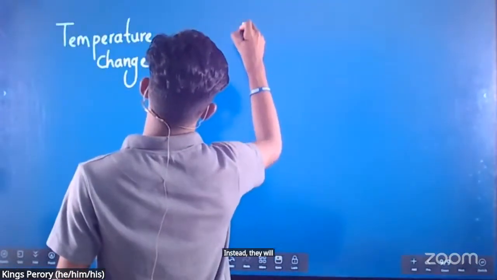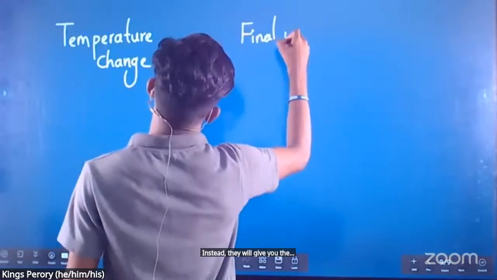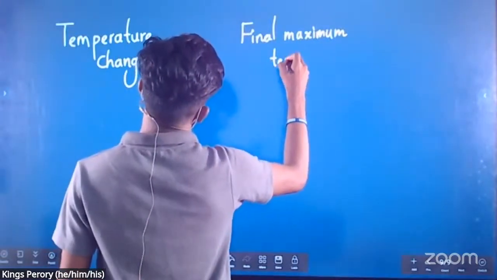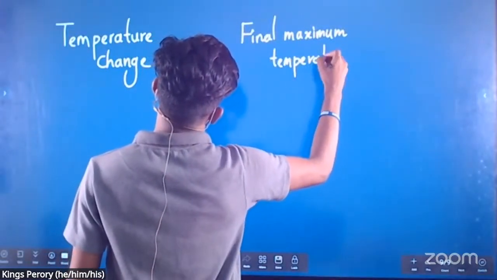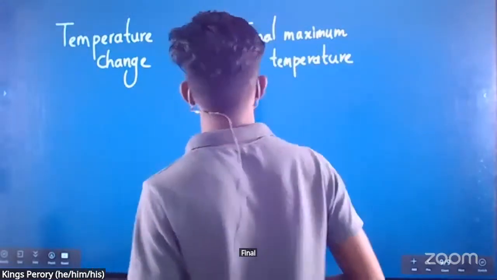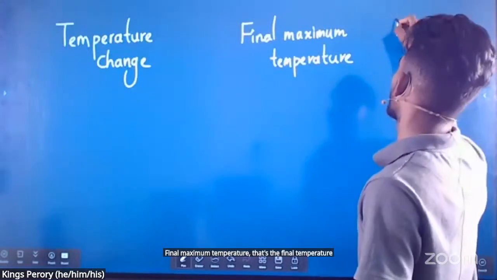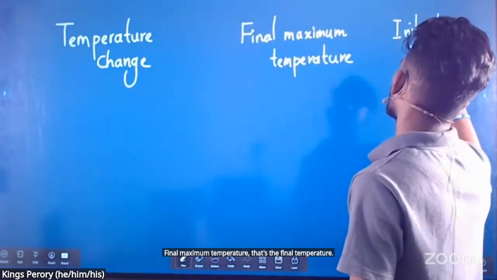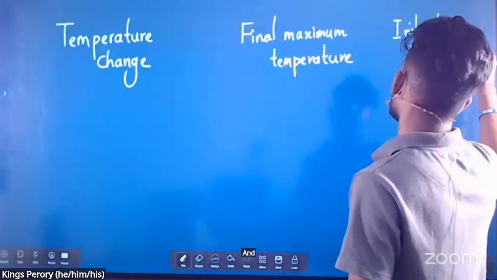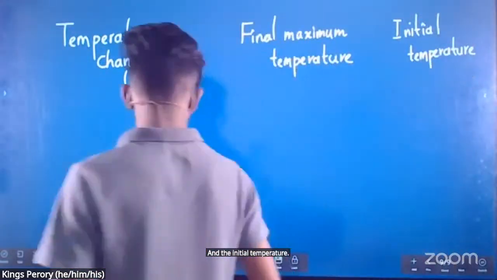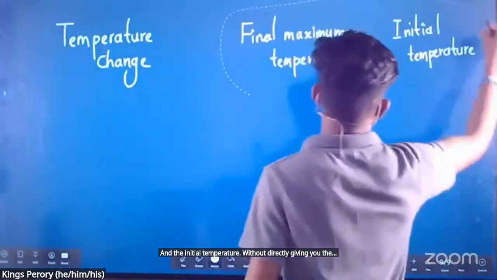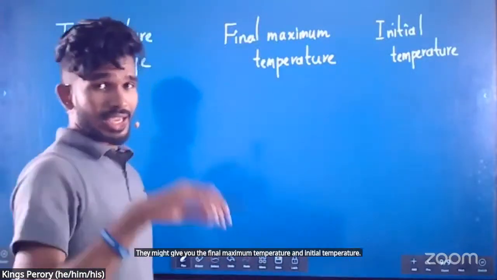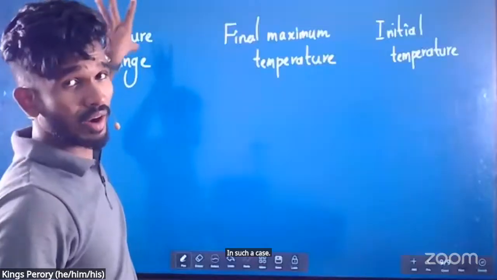Instead, they will give the final maximum temperature, that's the final temperature, and the initial temperature. In such a case, how do you find out the temperature change?